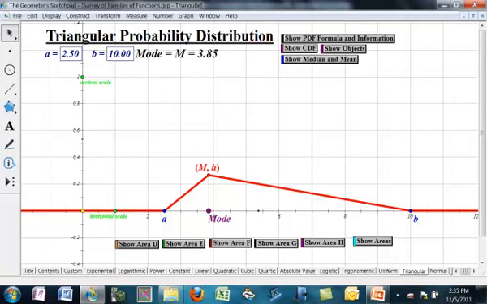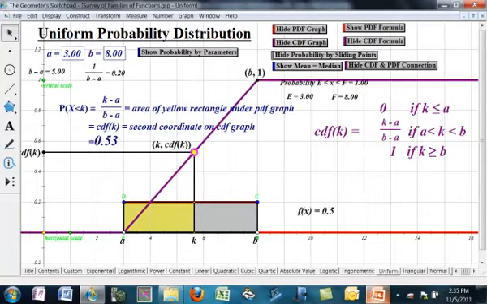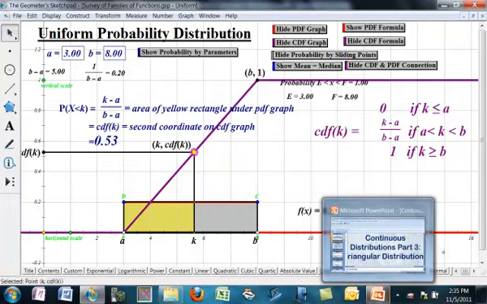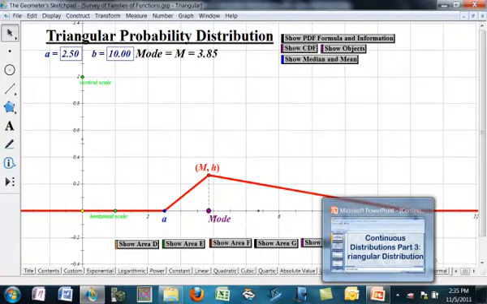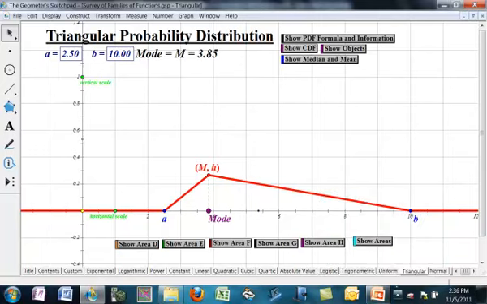So this sketch, of course, has the same things I've shown you earlier for uniform distribution and now for triangular distribution. And that gives you a good introduction to triangular distribution.